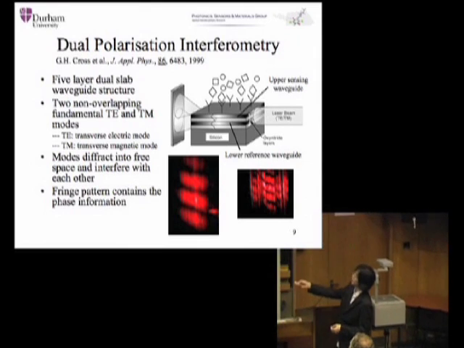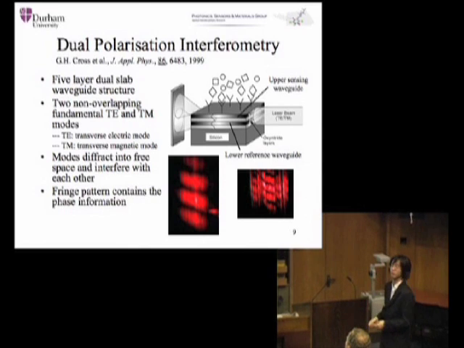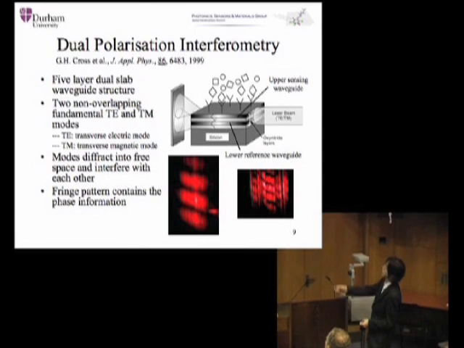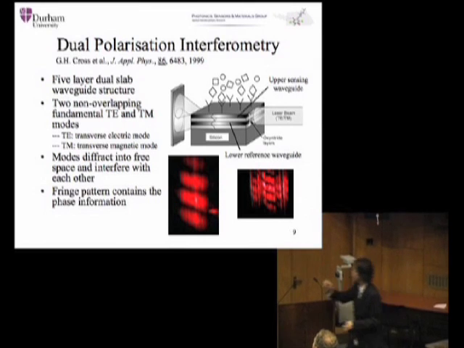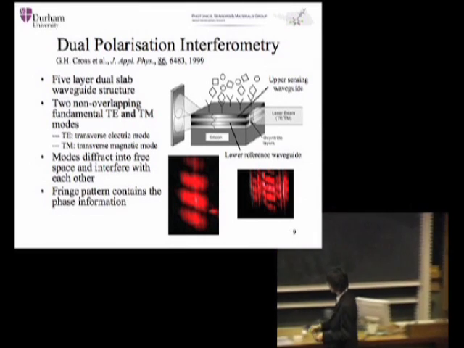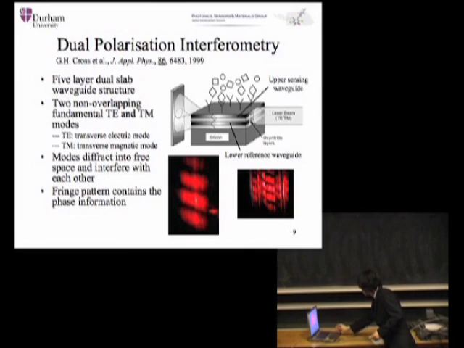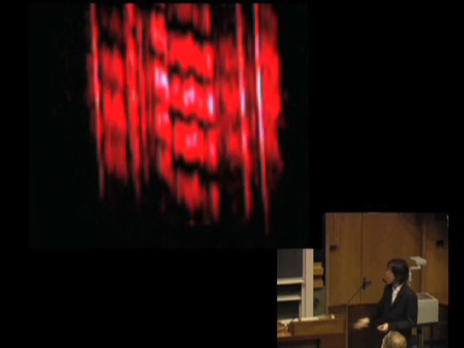Of course, the Young's fringe will contain the phase information. What we see here is the fringe pattern intensity, which is captured by the camera. I'll show you the movie, which shows the fringe pattern shift due to the molecular deposition on the waveguide surfaces.